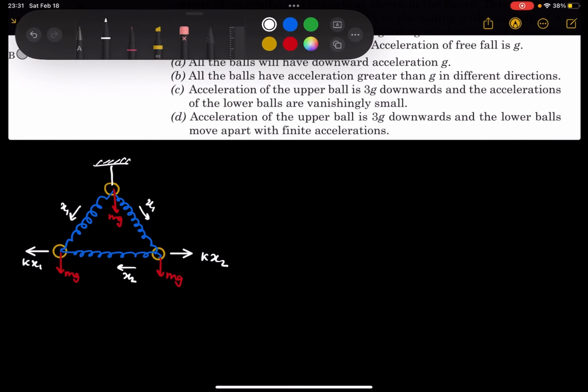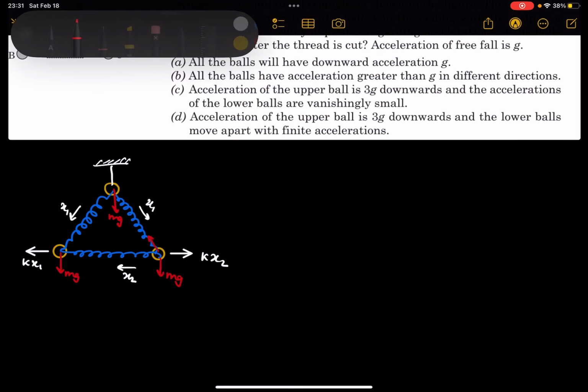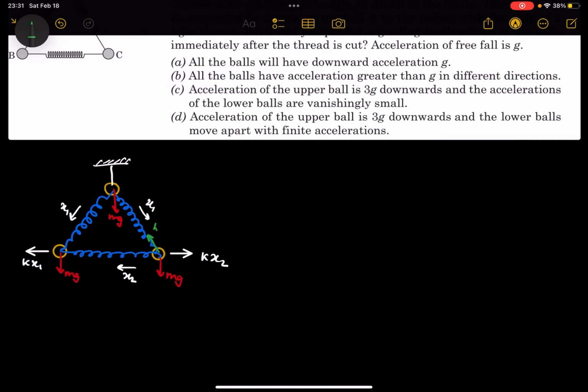So if these are maintaining the equilibrium position, then here the forces are kx1, and here also kx1, and this side kx1 and this side also kx1. So this is the condition before cutting the thread.